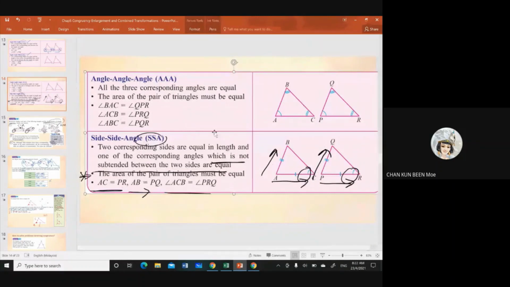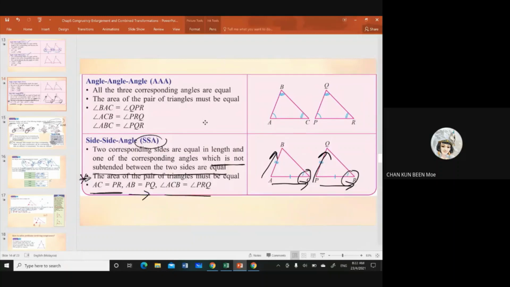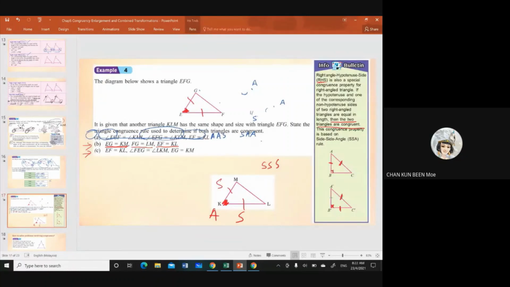Like just now we went through an example whereby if the area is not equal, then they are not the same. You cannot follow the side, side, angle rule unless the area must be the same. So from this info bulletin, we also found out that it also applies for a right-angled triangle. If the hypotenuse side is the same and the other non-hypotenuse side is the same, meaning that they are congruent. Okay, this is for side, side, angle. Remember, the side, side, angle.